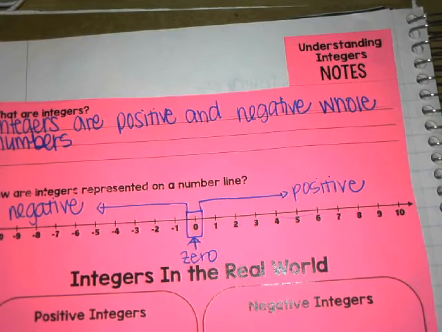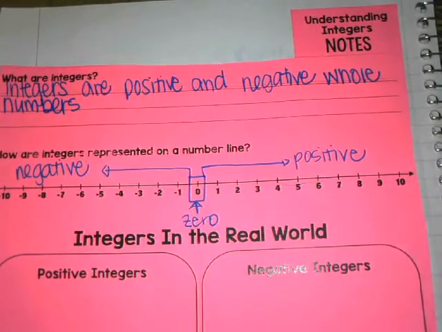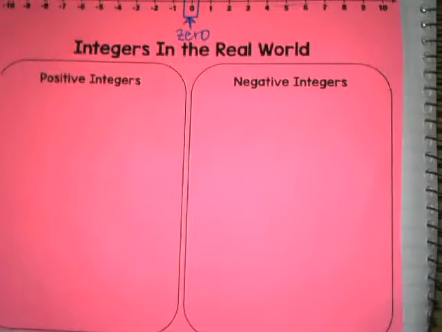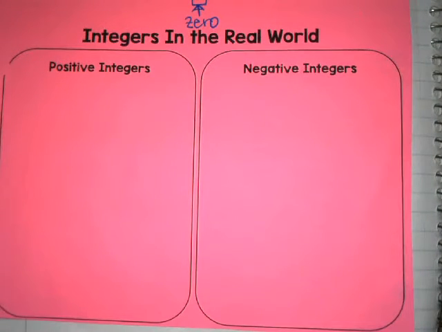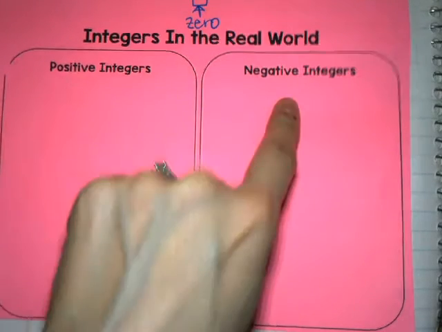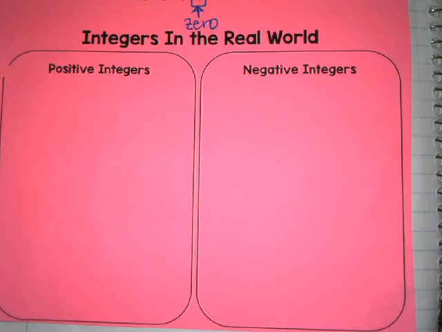So, integers in the real world. There are things that we do where it is considered a positive integer. Like if we are hiking and we are climbing up a mountain, is that a positive integer or a negative integer? Positive, because I'm climbing up.